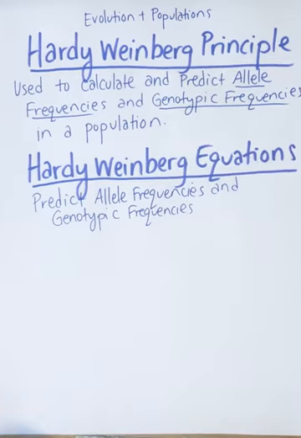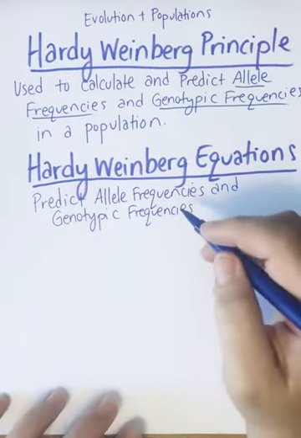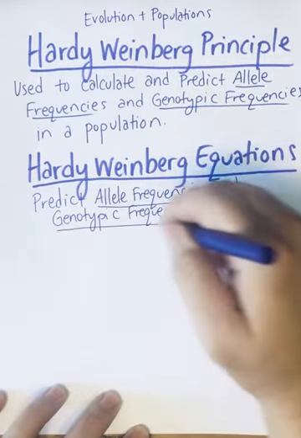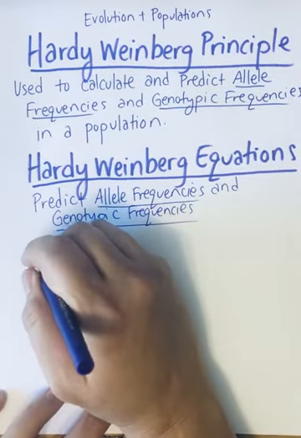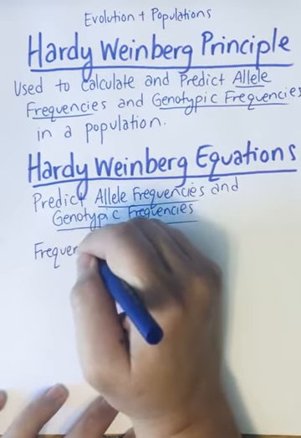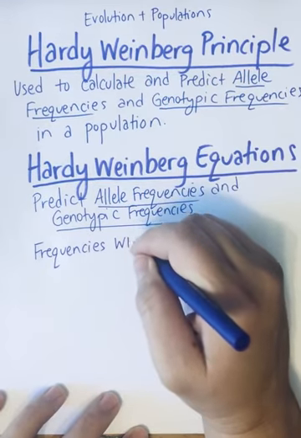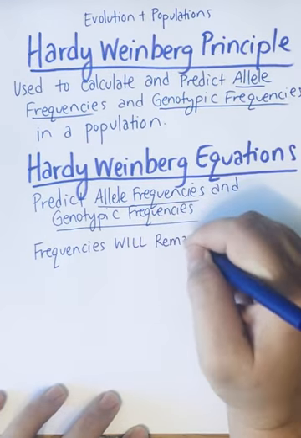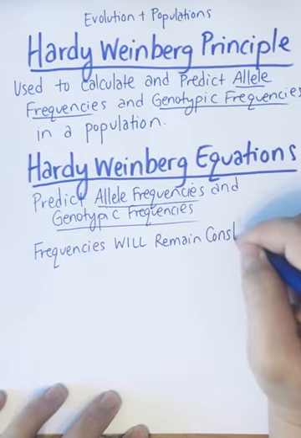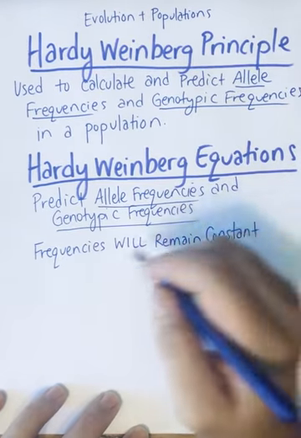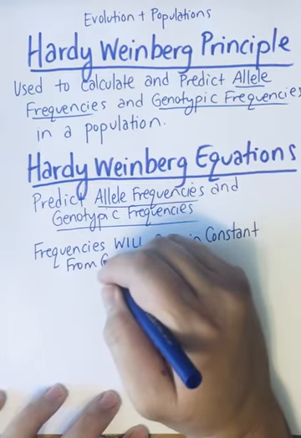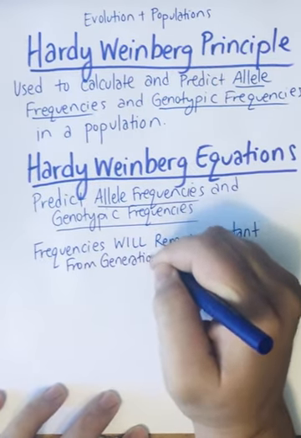Now, Hardy-Weinberg said, with his equations, that unless evolution is occurring, these are going to remain constant. So, allele frequencies and genotypic frequencies will remain constant from generation to generation, unless evolution is occurring.